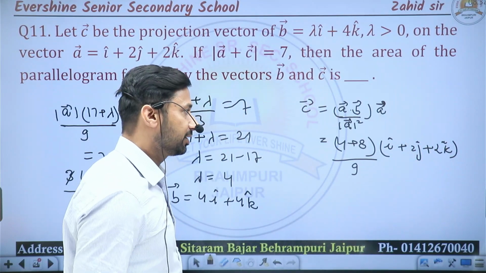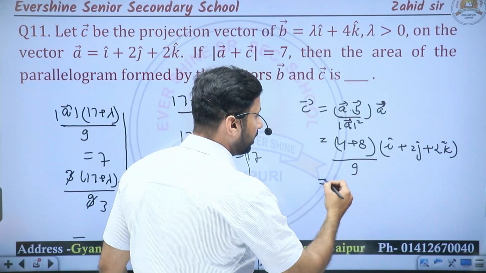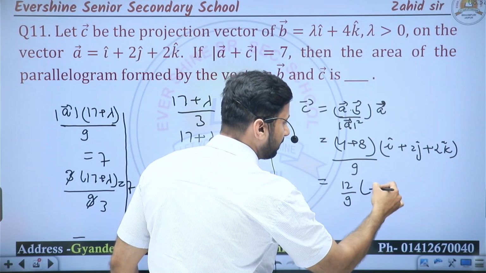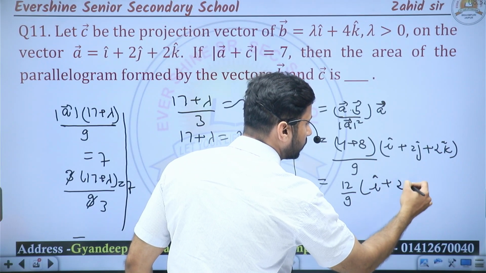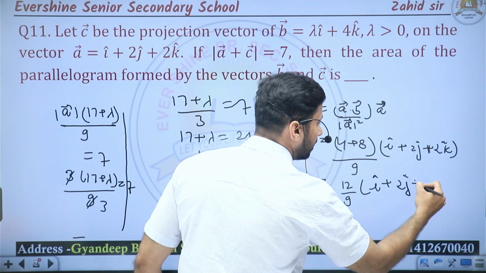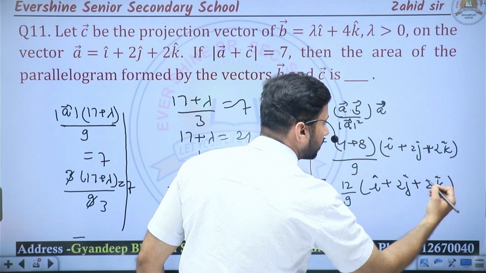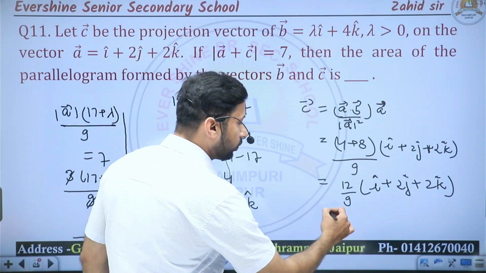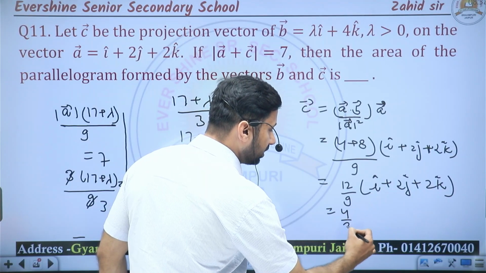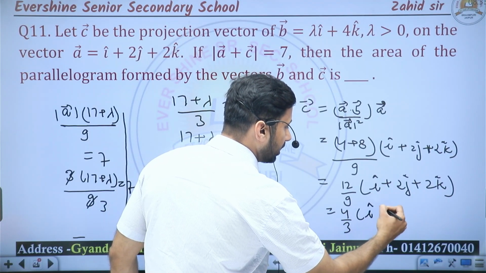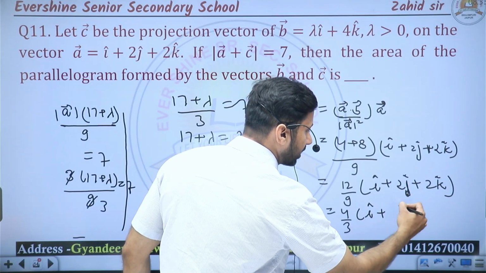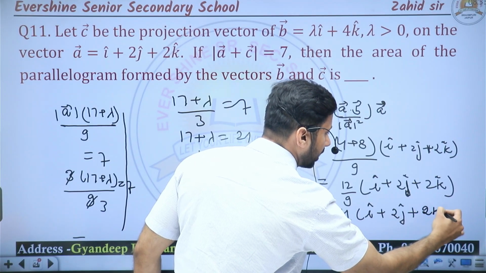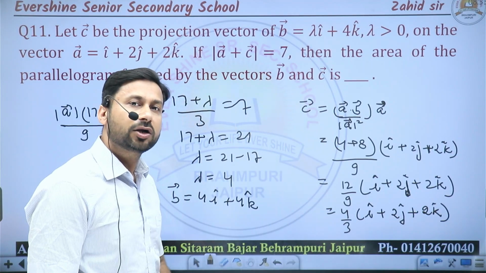Now I will simplify it. 8 and 4 will be 12. So 12 by 9 multiplied with i cap plus 2j cap plus 2k cap. Now I can cancel them by 3: 3 4s are 12 and 3 3s are 9. So C is 4 by 3 into i cap plus 2j cap plus 2k cap. Okay, I got the value of C.